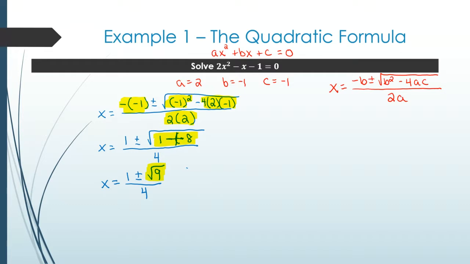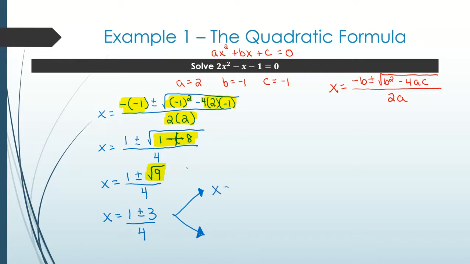We don't have to worry about the plus or minus because it's already in the formula. So that's going to be 1 plus or minus 3 all over 4. And now this is similar to what we had to do when we're taking square roots, where you have a plus or minus and you have to write it into 2 separate equations. So I'm going to separate this out into 2 separate equations.